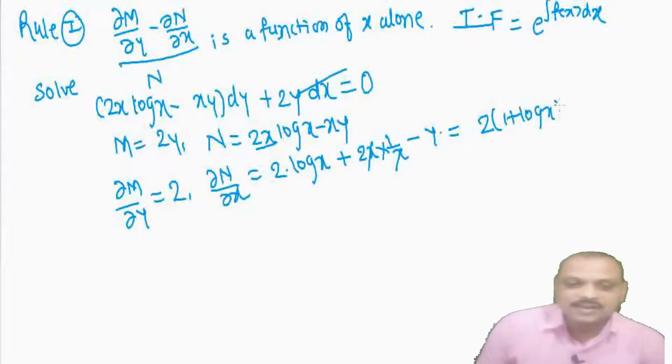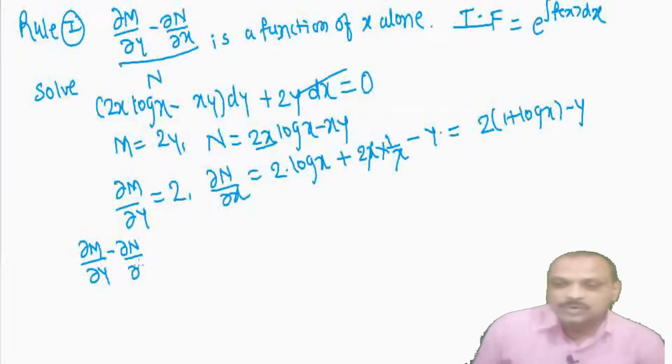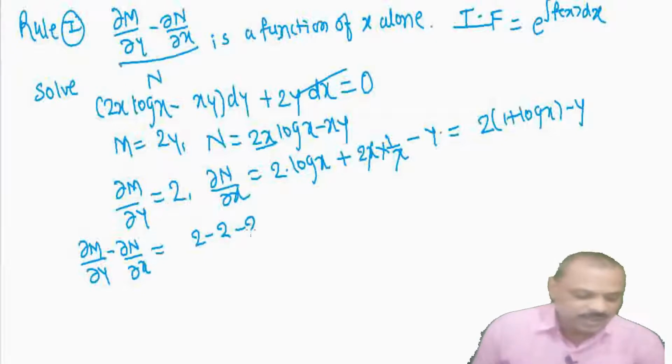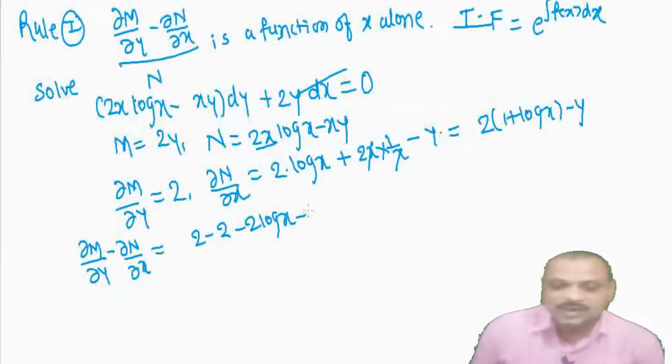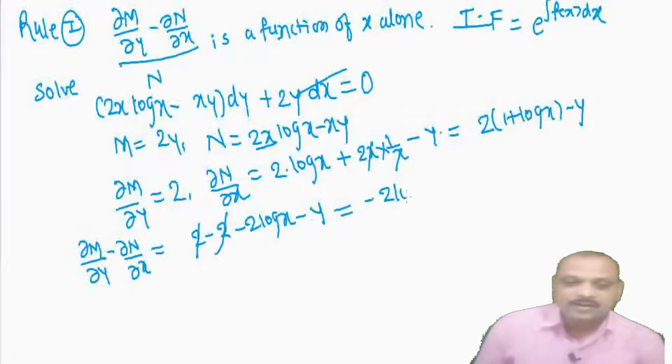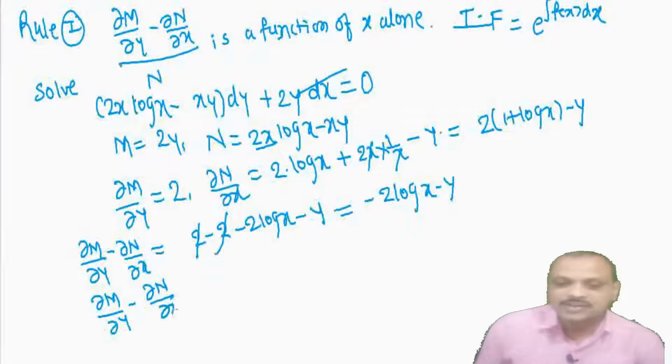Let us take del M by del y minus del N by del x equal to 2 minus 2 minus 2 log x, and minus y. The 2s cancel, and this will be minus 2 into log x minus y. Now del M by del y minus del N by del x equal to minus 2 log x minus y, whole divided by N. Let us calculate this. Divided by N, what is N?